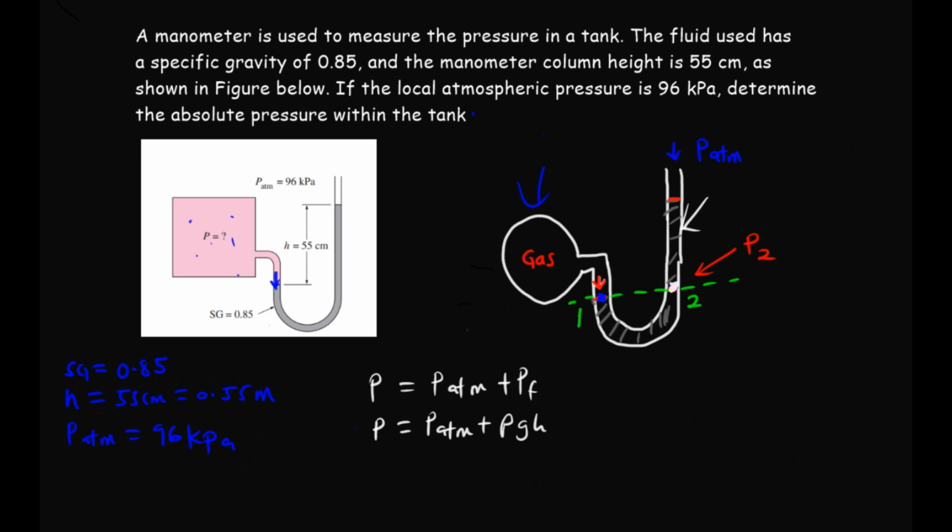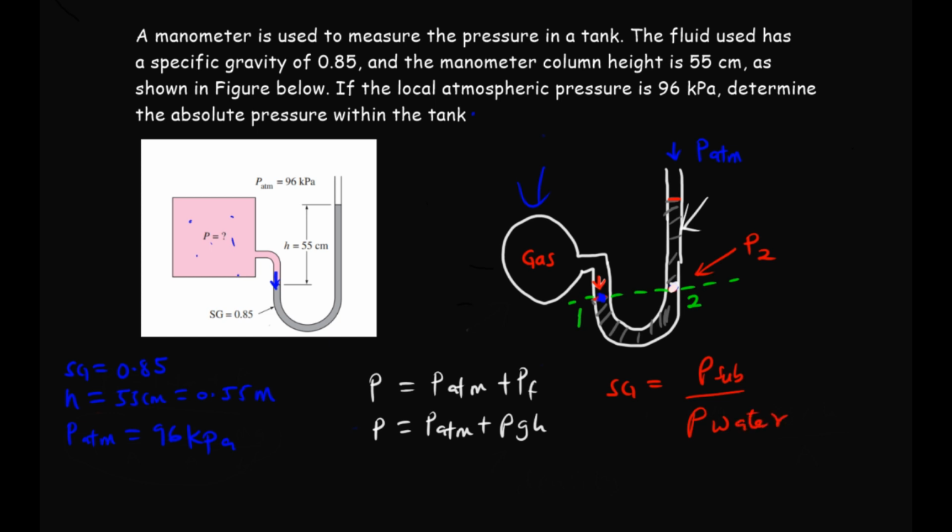So now let's look at how we are going to do this. The specific gravity of a fluid is given as the density of the substance over the density of water.